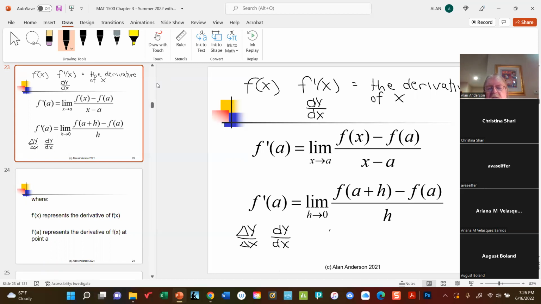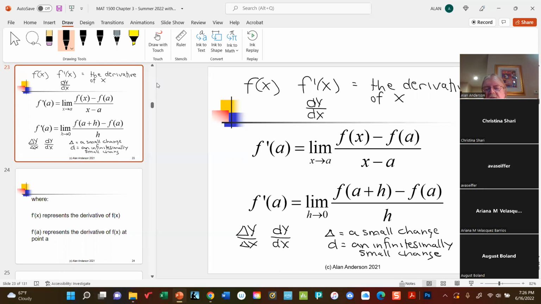is that the delta is a small change. The d represents an infinitesimally small change. So essentially, you can think of this as the result of shrinking the delta as it approaches zero.